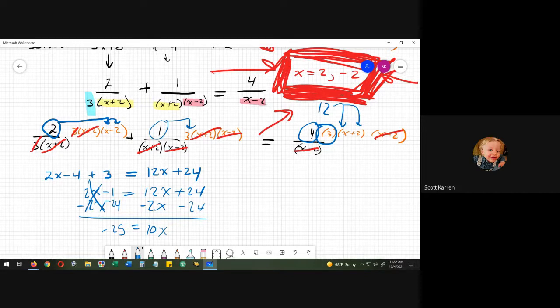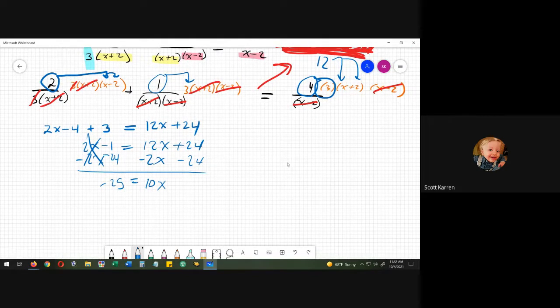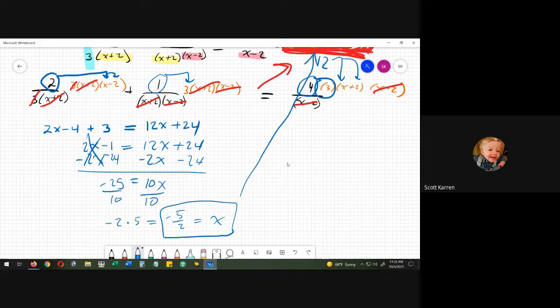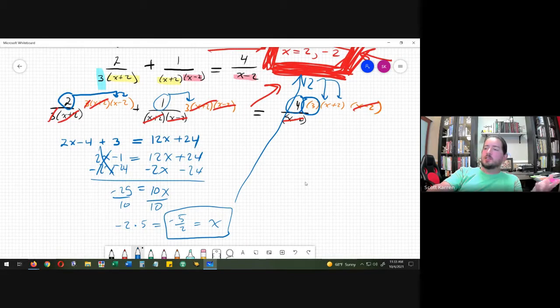And then if I divide each side by 2, I need to scoot this up a little bit here. Not by 2, by 10. Then I get negative either 2.5, or if you want, negative 5/2, but that's my value of x. This, when I check against the domain issues, is not one of them. So that's it. That's my answer, and I'm good with it.